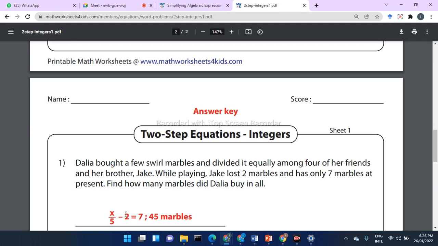I like how they did the x divided by 5 to represent Jake's share, and his share is going to be minus 2. Okay, pretty good. I like how they set this up, but we're also right. 45 marbles is what we got. We got 45 marbles, right? Yes, sir. Alright, good.